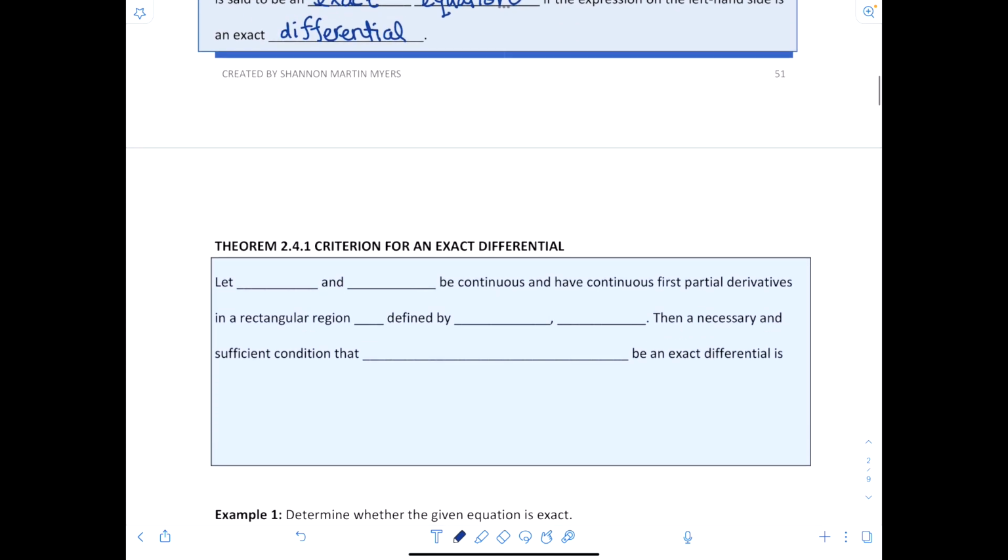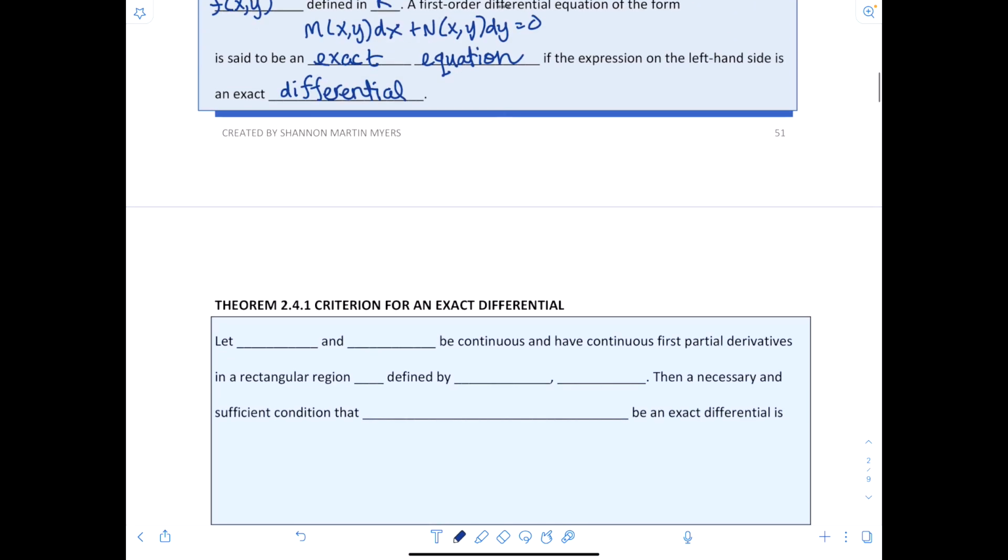So what does that mean? Here is the criterion for an exact differential. Let M of x and y and N of x and y be continuous and have continuous first partial derivatives in a rectangular region R defined by a less than x less than b and c less than y less than d.